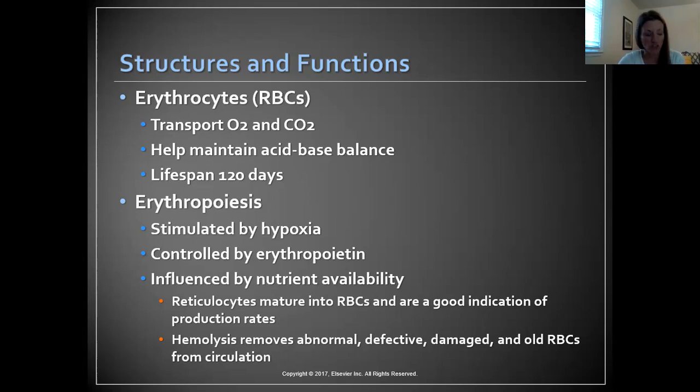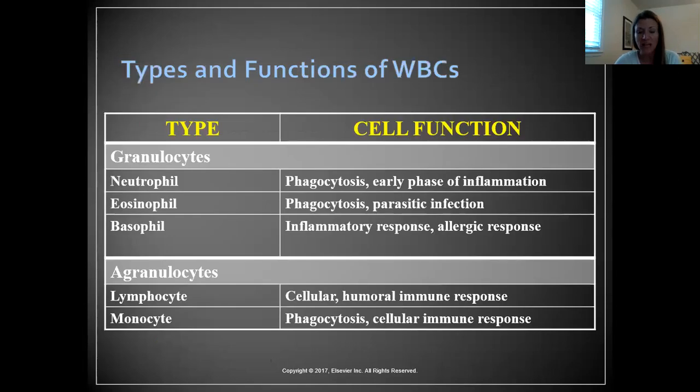Hemolysis is the destruction of red blood cells by monocytes and macrophages, which normally occurs in the bone marrow, liver, and spleen. Like red blood cells, white blood cells also originate from stem cells.